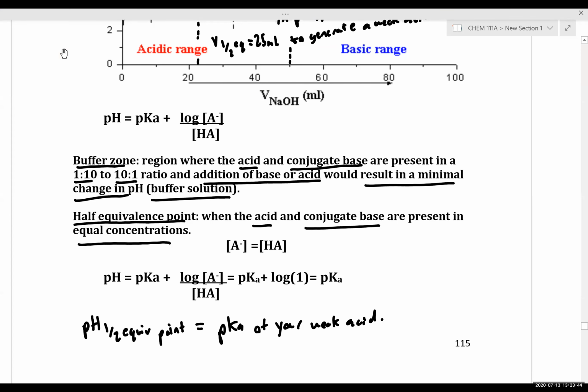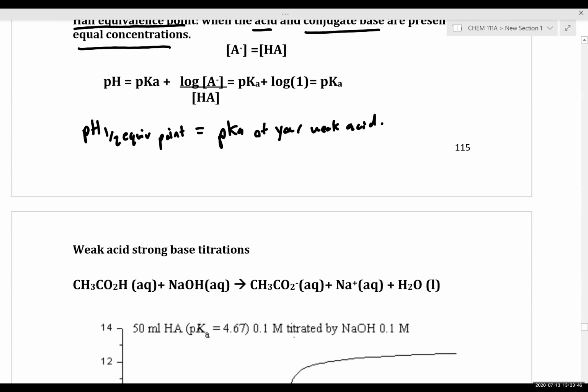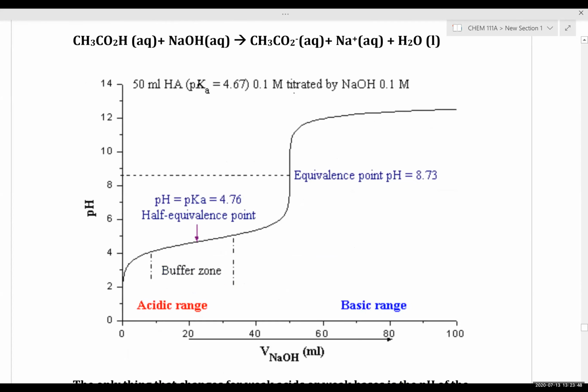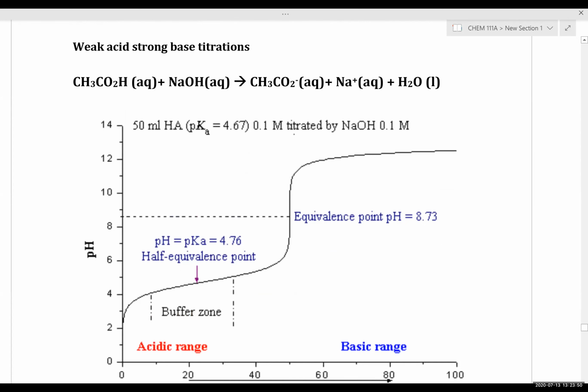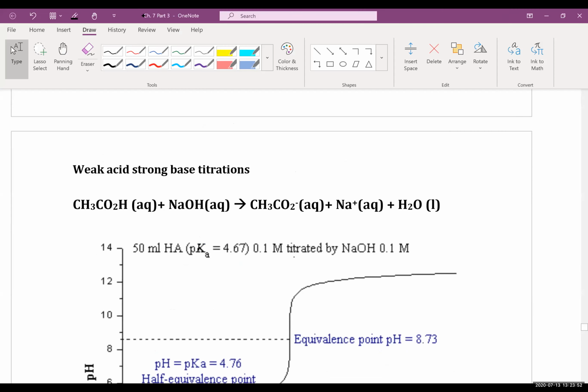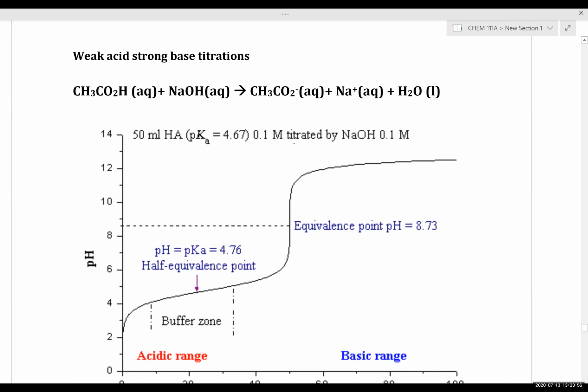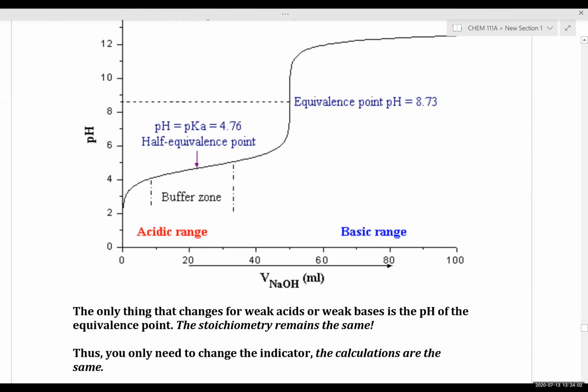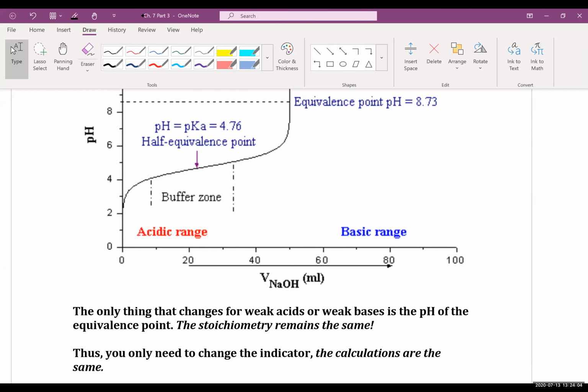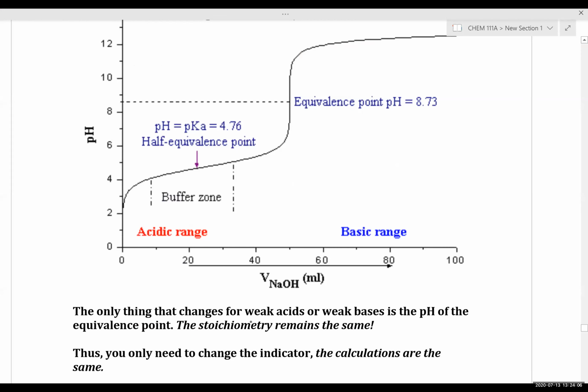Now, let's keep things in perspective here, and let's look at this titration in detail. Looking at our titration between a weak acid and a strong base, although there's a lot of information we can take in, fundamentally, the only thing that changes when you're dealing with a weak acid or a weak base is the pH of the equivalence point.